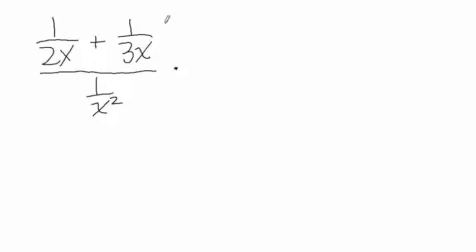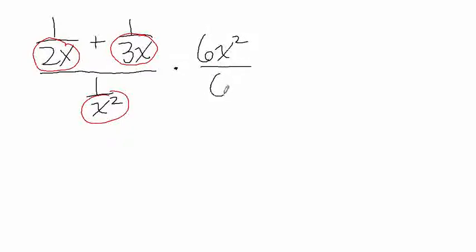Okay, so I'll go ahead and do it. So looking at the denominators, I see that the least common denominator is going to have an x squared, but don't forget the numbers. The least common multiple of 2 and 3 is 6. So for the least common denominator, I'm going to use 6x squared. And I'm going to put parentheses around the top so that it's clear that I have to multiply both of those pieces by 6x squared.